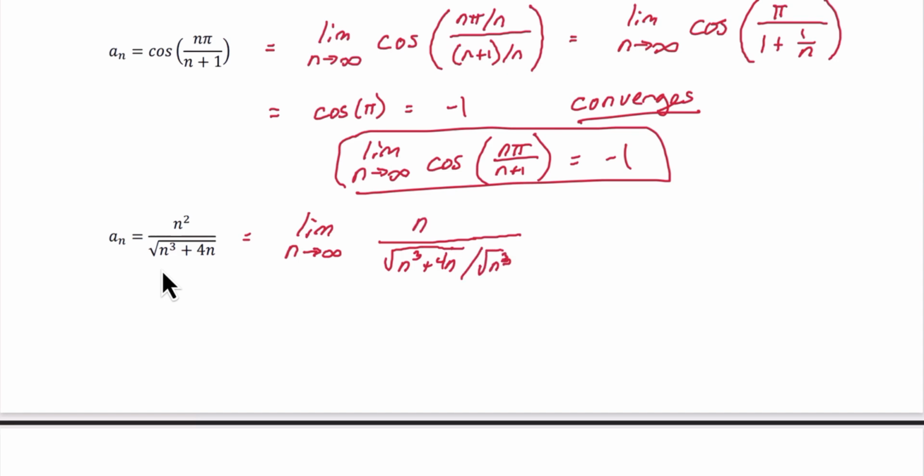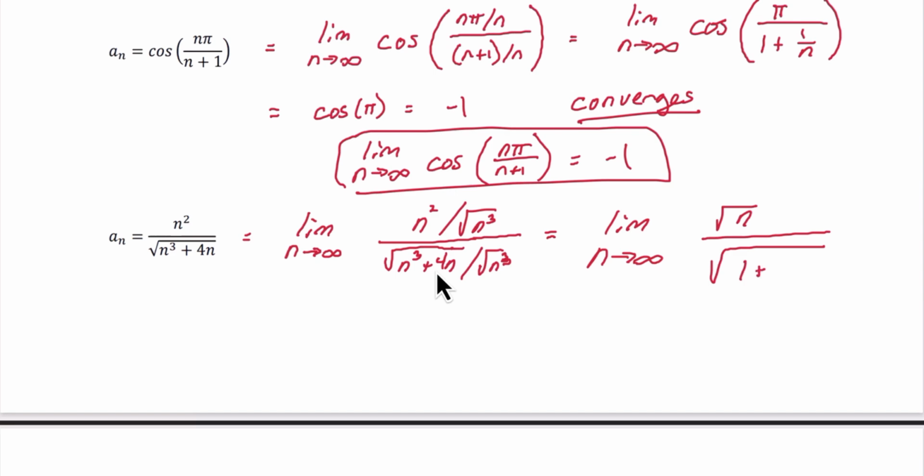So in the numerator, we are also dividing by square root of n cubed. Continuing to simplify this, we'll get in the numerator n squared divided by the square root of n cubed. That will simplify to the square root of n. And in the denominator, let's push this square root of n cubed under this other radical. That will give us the square root of 1 plus 4 divided by n squared.